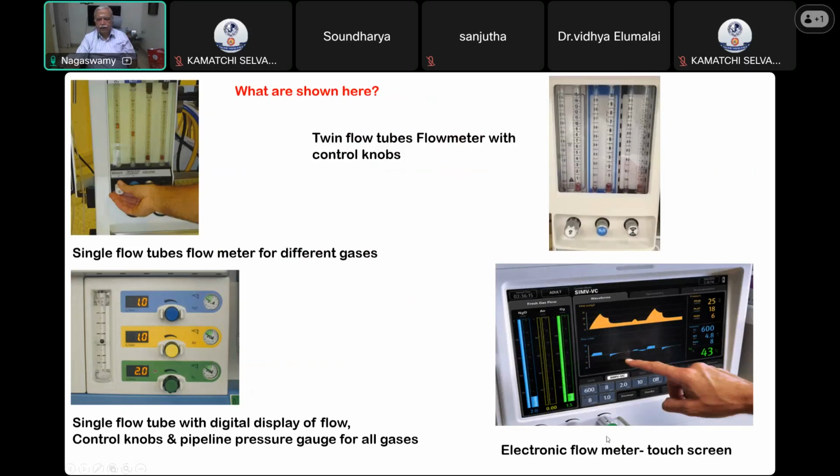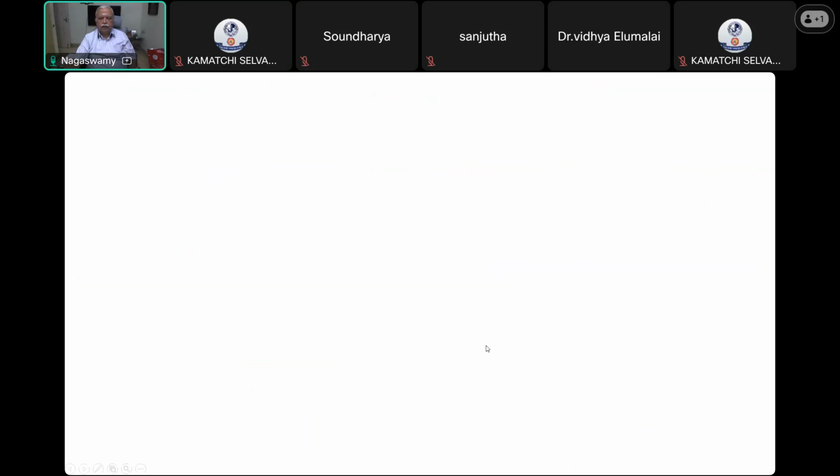This is supposed to be the latest among the flow meters. You don't see any flow tubes at all. So you can just touch the screen and adjust whatever flow you want. And you can see here nitrous oxide, it shows 2, and oxygen it shows 1.5. So you can increase or decrease depending upon your requirement. So this is the latest electronic flow meter.